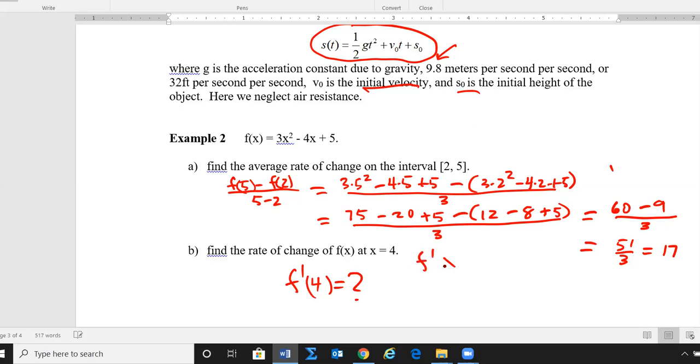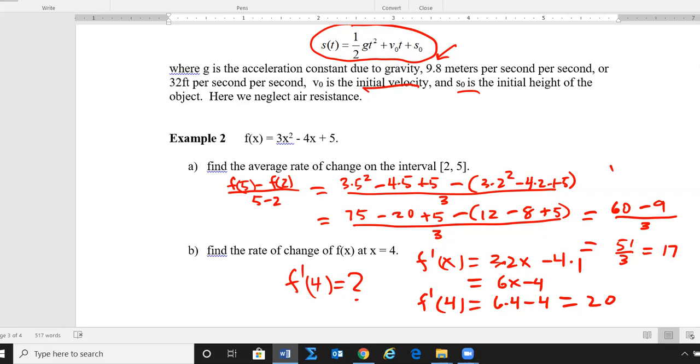So f prime of x is 3 times 2x minus 4 times 1. That is 6x minus 4. f prime of 4 is 6 times 4 minus 4, which is 20. That is the instantaneous rate of change.